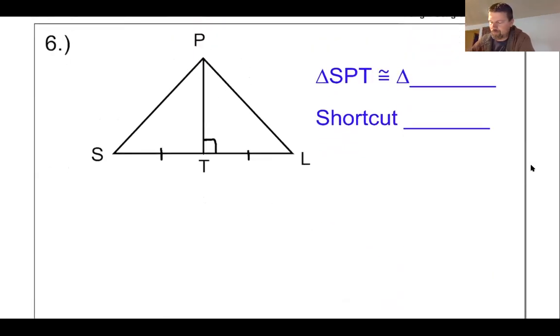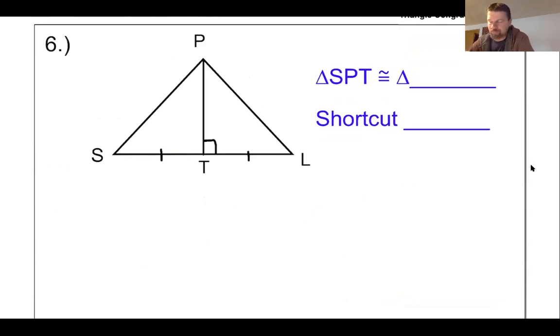All right, one last example. I can see a side. I can see this is 90, which means that one's also 90 because they form a line. And they both share this side. So that means that's another side. These triangles look like they're going to be congruent by side, angle, side, right? Side, angle, side.